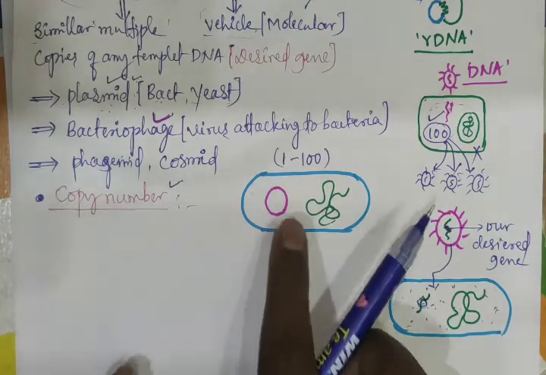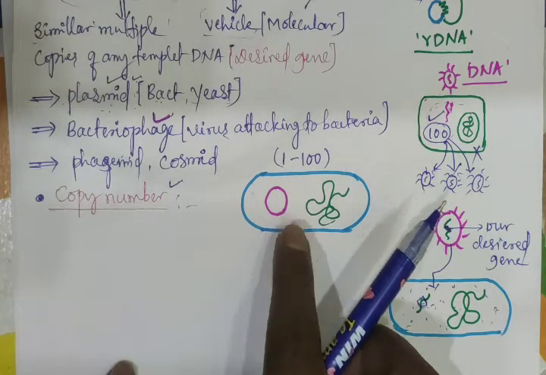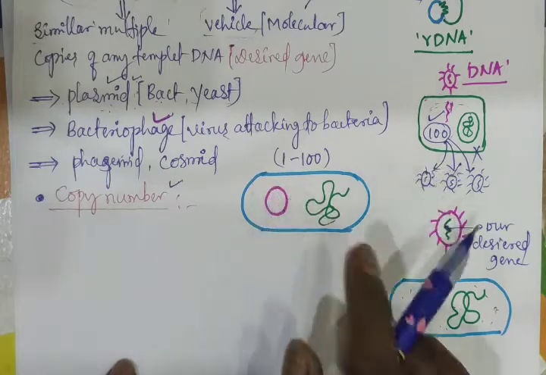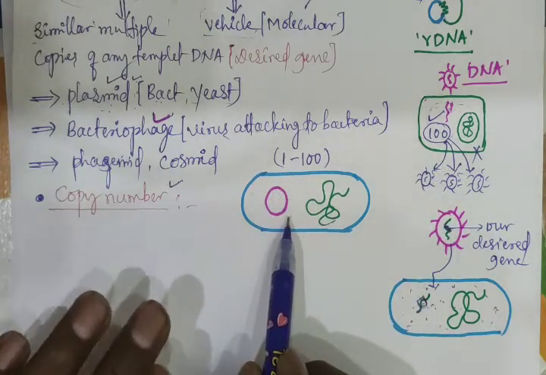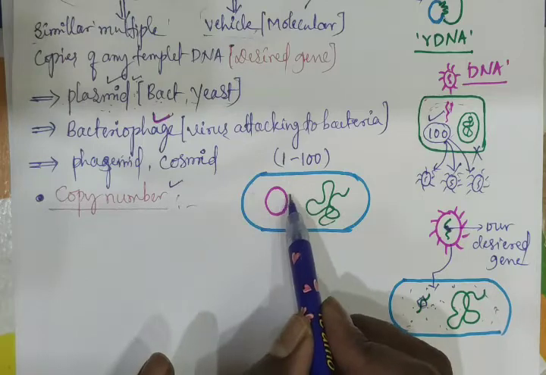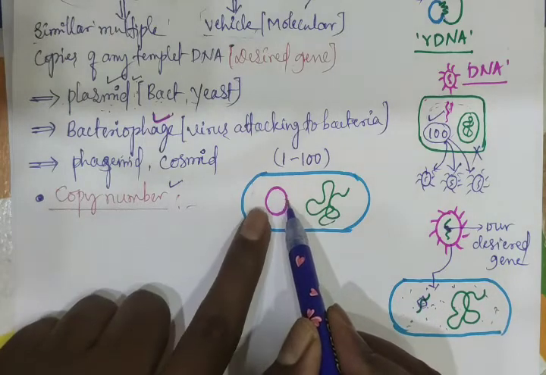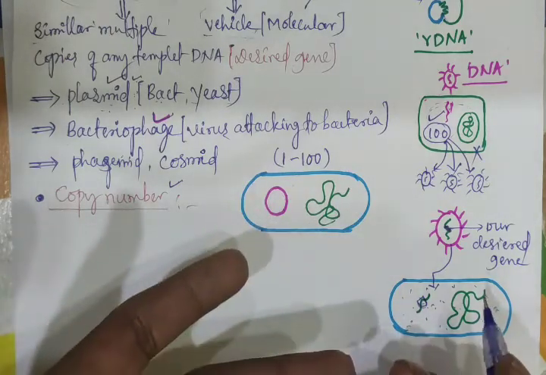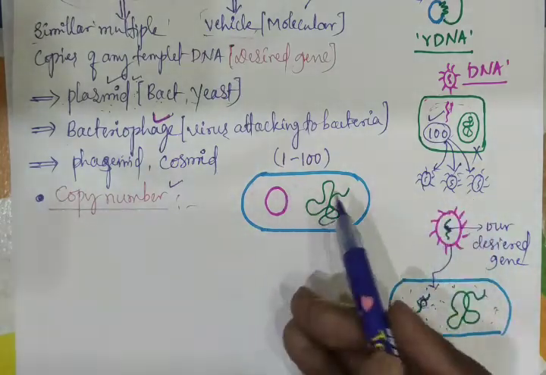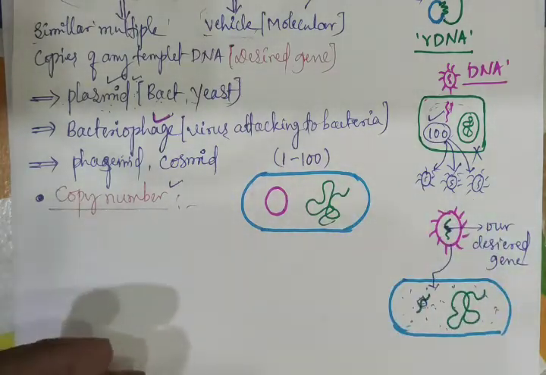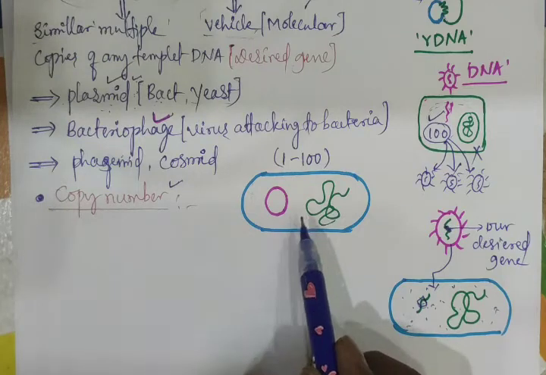In a bacterial cell, if a plasmid is present, plasmid means circular DNA, extra chromosomal DNA, and its number may be 1 to 100. One plasmid may be present or 100 plasmids may be present. In that range, 1, 2, 3, 4, 10, 20, 50, whatever the number might be, plasmids are present here.